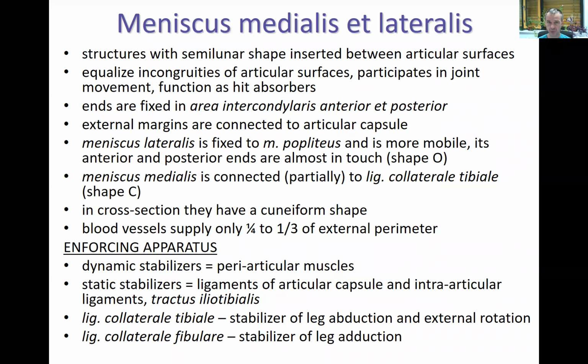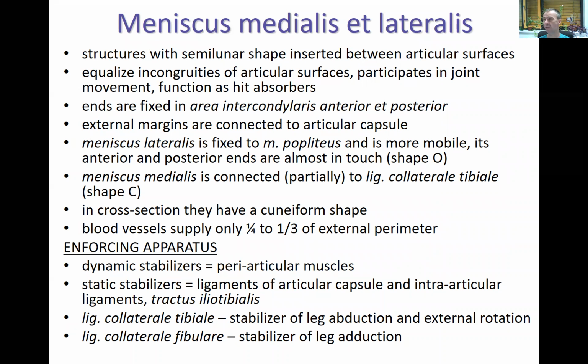Of course, the function of the meniscus is to level or equalize the incongruities of the articular surfaces, but unlike the disc, they are movable, so they move during flexion and extension, and they function as shock or hit absorbers. Of course, they are also fixed. They are fixed into the anterior and posterior intercondylar areas by their ends, and by their external margins to the joint capsule.